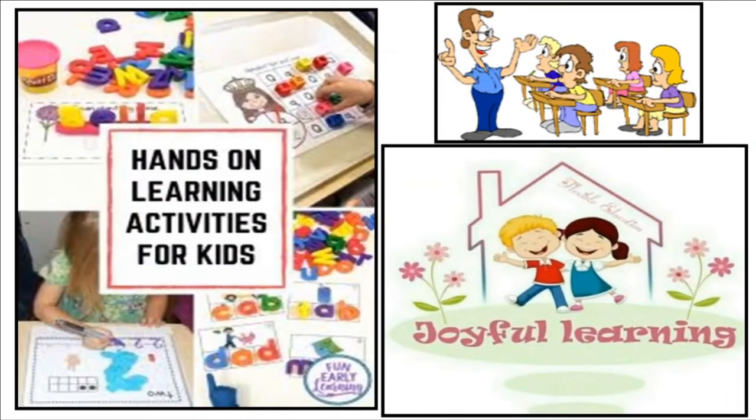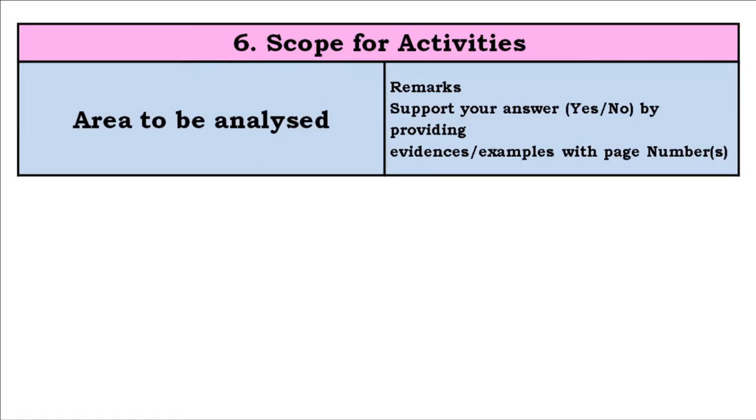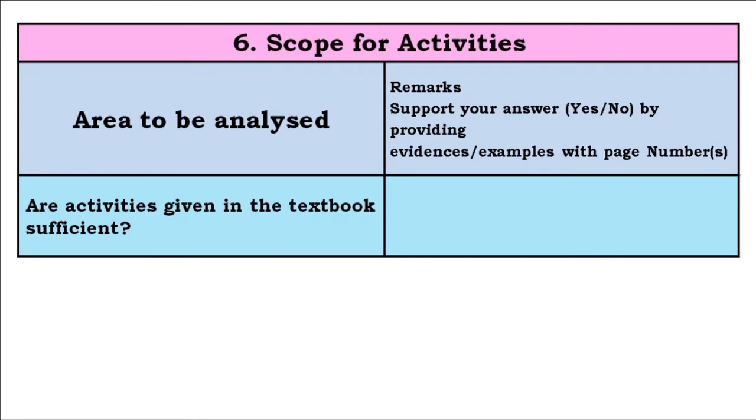The sixth component or aspect is the scope for activities. The important areas which need to be looked at and analyzed are: Are activities given in the textbook sufficient?